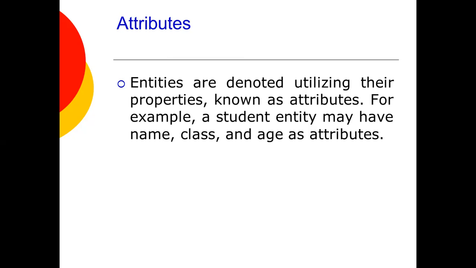Similarly, for an employee, you can count a number of items related to the employee, similarly related to the complete information related to the student, and then it is called the attributes. So those items which completely describe the student, and similarly the information which is related to the employee, these are called the characteristics or the attributes.